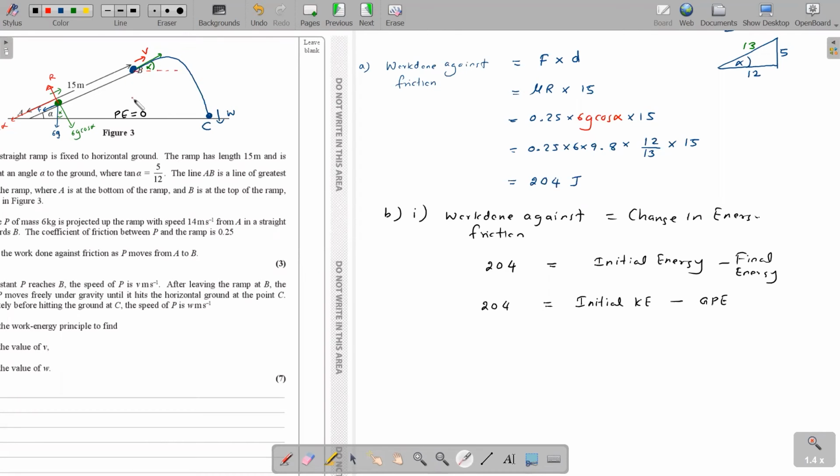No, you also have the final kinetic energy. At the initial point we only had KE because we were at ground level, so potential energy is 0. But at this point you have GPE, you're above the ground, and you also have a final kinetic energy. Okay, so let's input the values now. The 204 equals the values here.